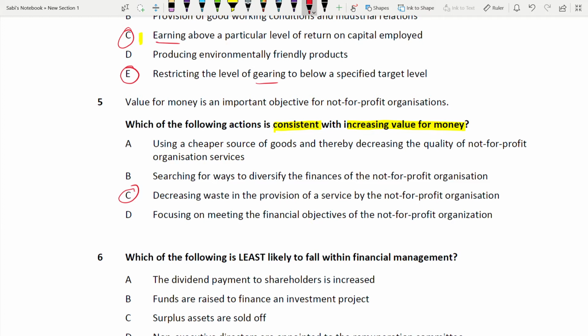And when it's talking about efficiency, which is C, it is about effective resource utilization. So that's the right answer. And the last one is effectiveness, achieving the objective. But in D, they're talking about financial objectives for not-for-profit organizations. So that's why D is not correct.